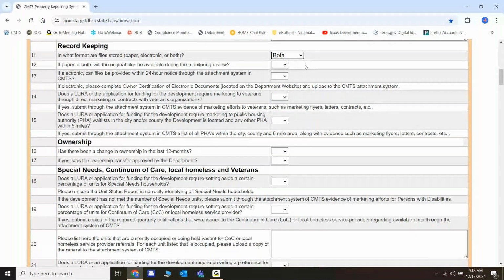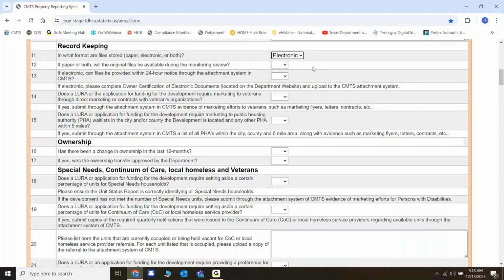So if you are straight electronic, we are going to shift our review, and we are not going to come out to your development. We're going to change this to an electronic review where you will have to submit files within a 24-hour notice through our CMTS attachment system.